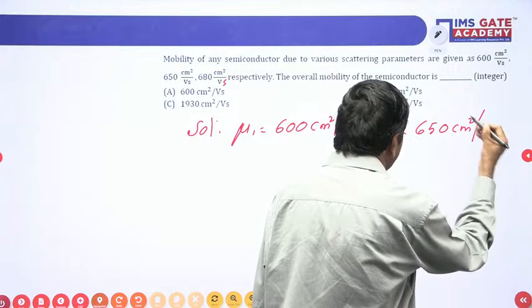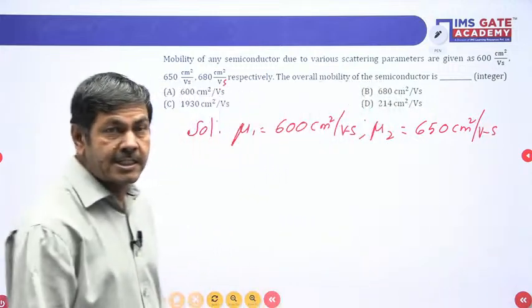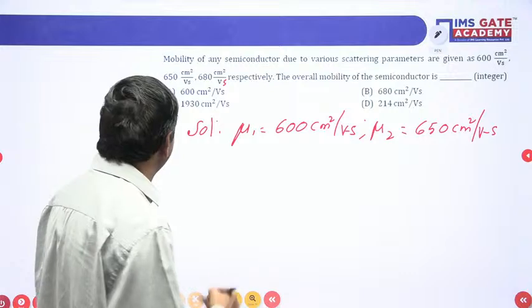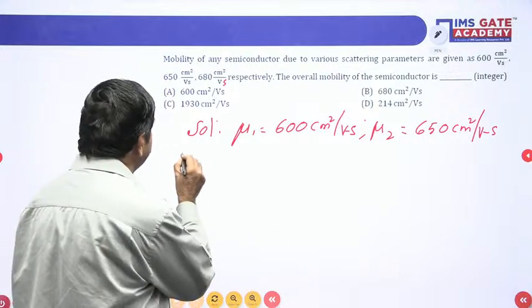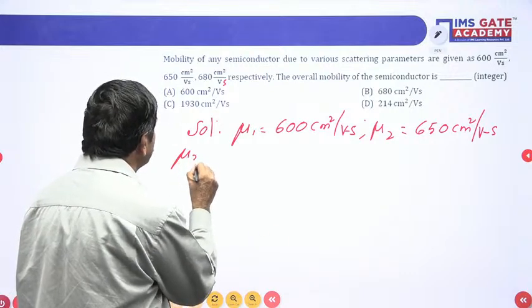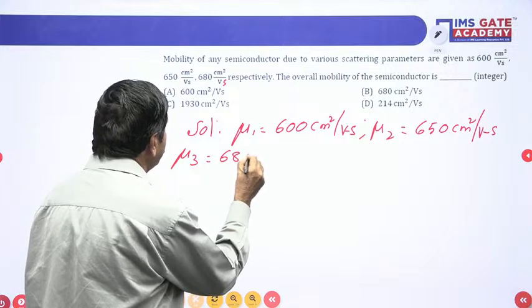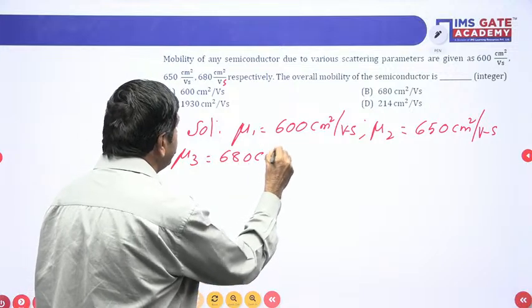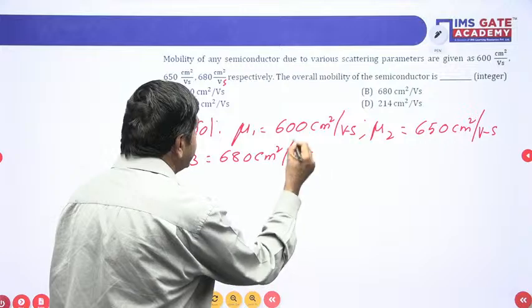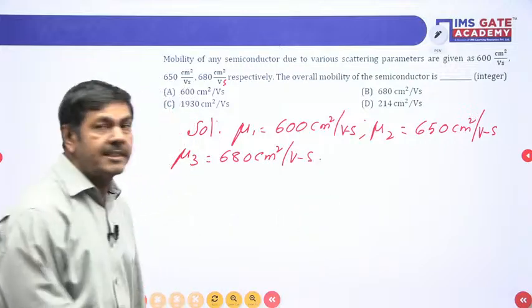And one more mobility is given, mu3, 680 cm square per volt second. So these are the three mobilities given.